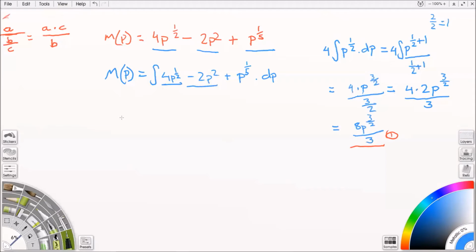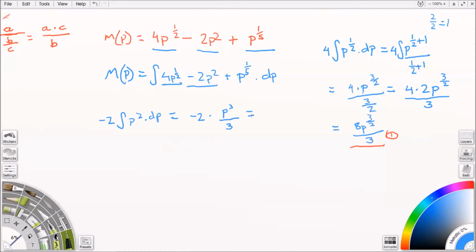So we've got negative 2 P squared dP is equal to negative 2 times, now we add 1 to the power, so it's P cubed over 3.